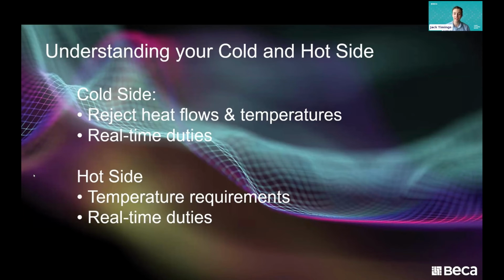On the hot side, we found some other things, right? Some existing control issues in the hot water network for the plant meant that we needed to artificially increase the designed or intended hot water supply temperature to account for it getting lower and lower on its way to the users.